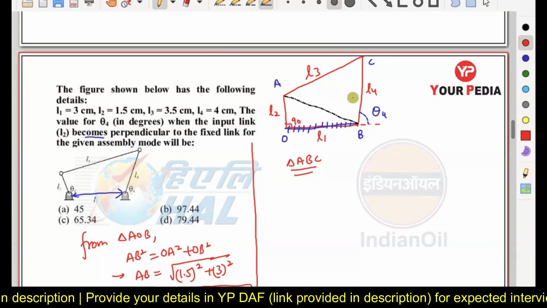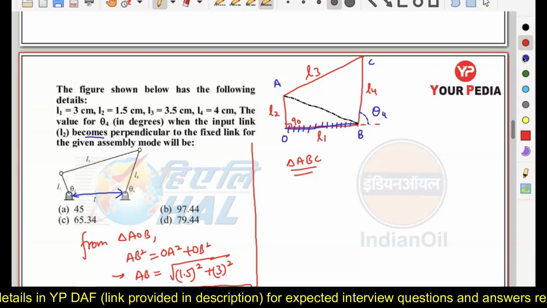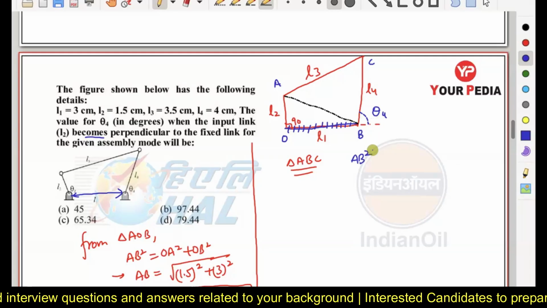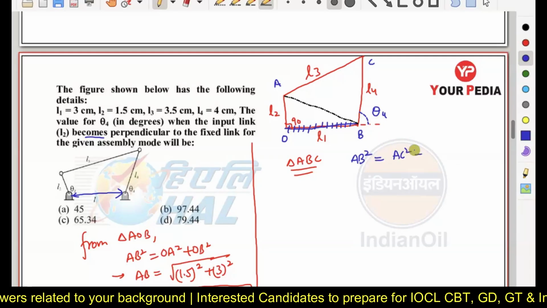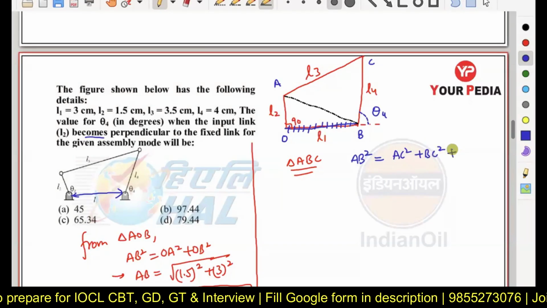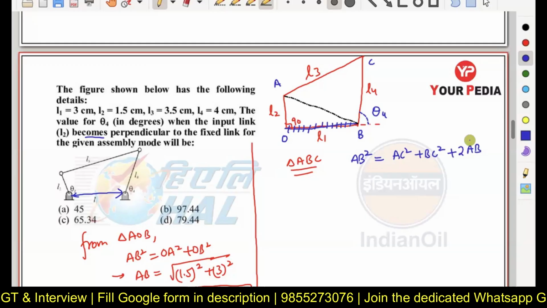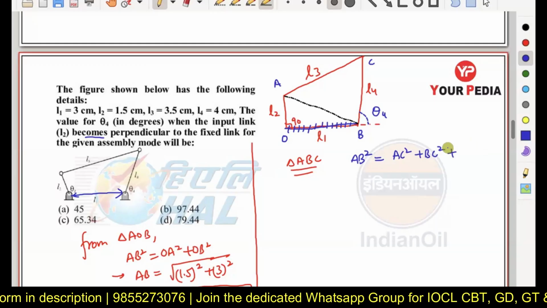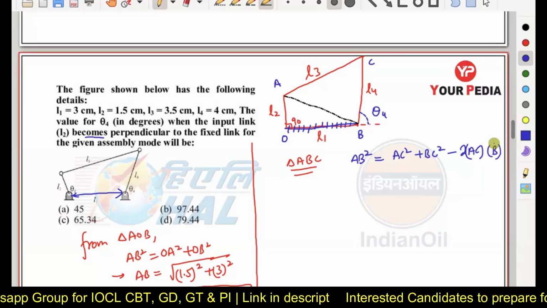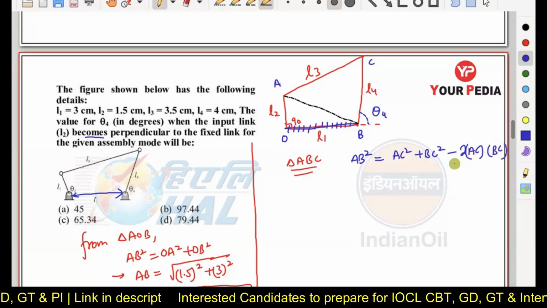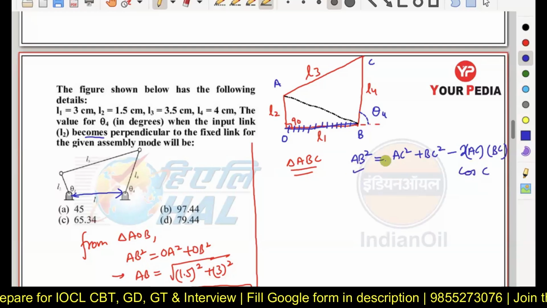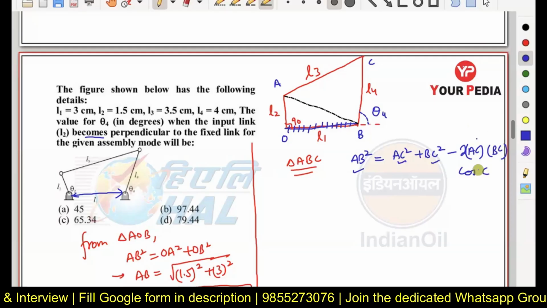First, let us calculate with the AB value. Again, I am writing AB square is equivalent to AC square plus BC square minus 2 AC BC cos of angle C. So AB value you know, AC you know, BC you know, everything you know.